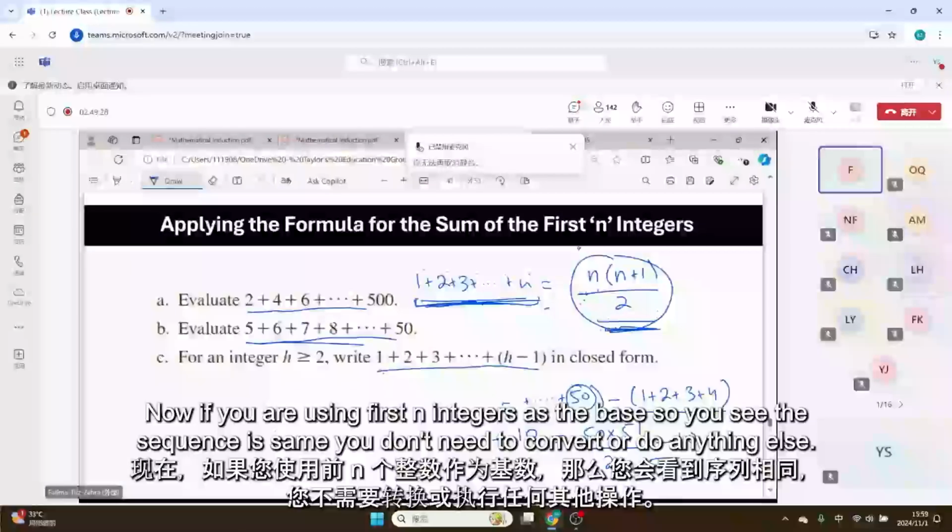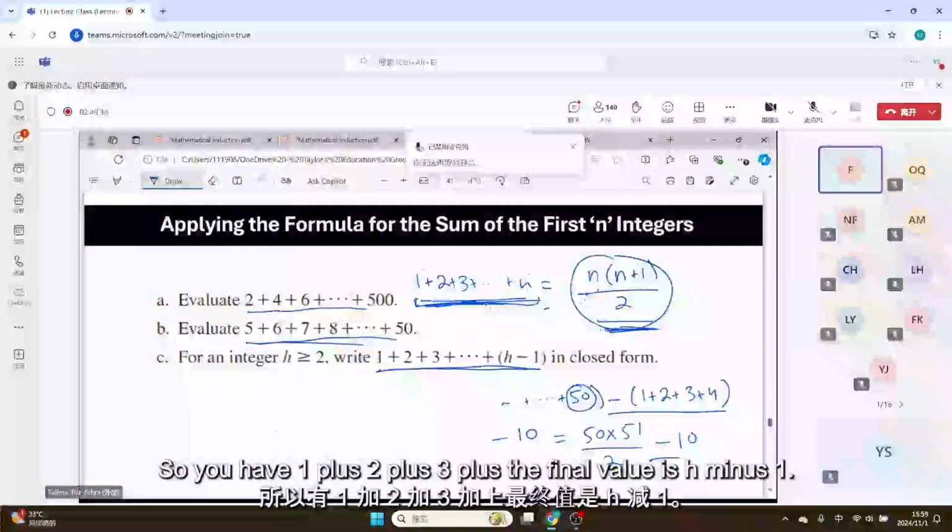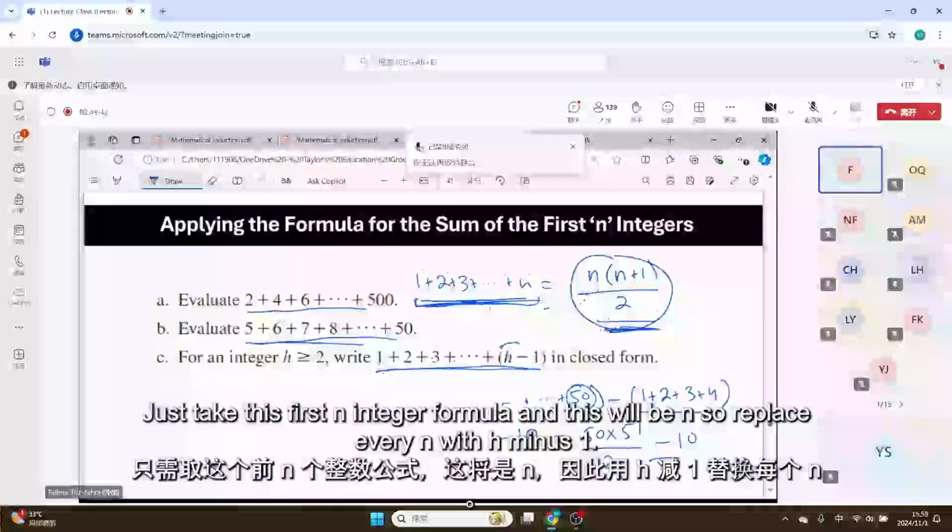Now, if you're using first n integers as the base, you see the sequence is the same. You don't need to convert or do anything else. So you have 1 plus 2 plus 3 plus, the final value is h minus 1. Just take this first n integers formula, and this will be n. So replace every n with h minus 1.